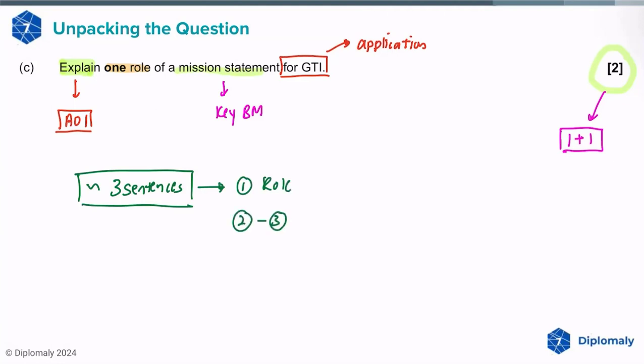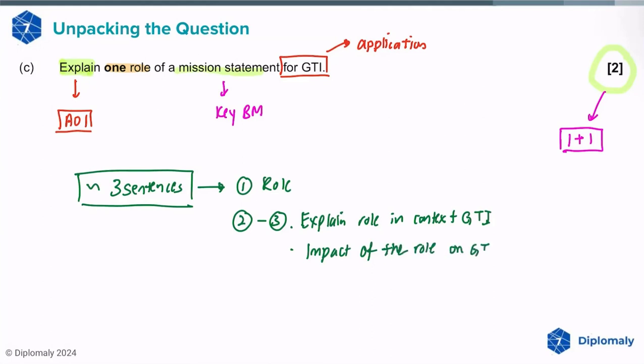Your second to third sentence will then explain the role in context of the case, right? So in context of GTI, you might also link it to perhaps some sort of impact of having that role, right? So the impact of the role on GTI, okay, as a business.